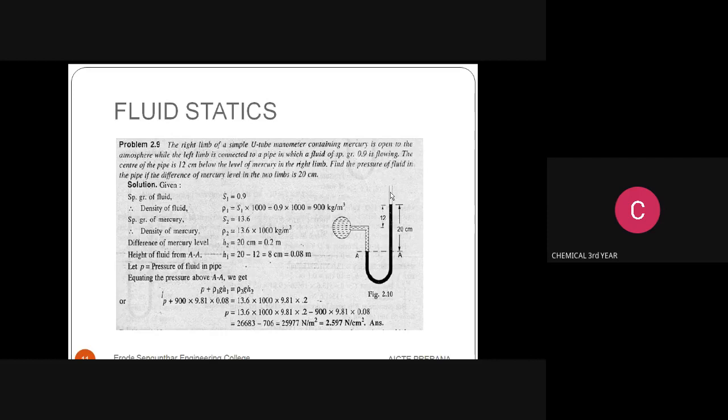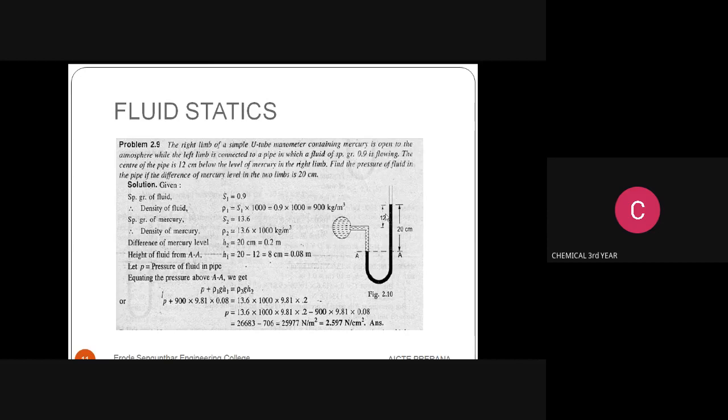You can see here, the right limb is open to the atmosphere, and the left limb is connected to a pipe. So they have connected the left limb to the pipe, and that pipe is containing a fluid whose specific gravity is 0.9. That is given.